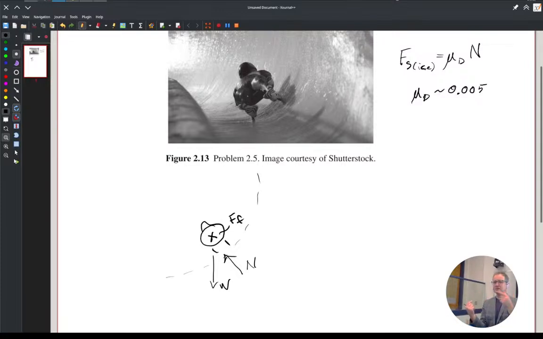That's what I learned, like an arrow leaving you, you see the tail of it, an arrow coming at you, you see the head of it. And then also, we could say some kind of force of drag coming that way.